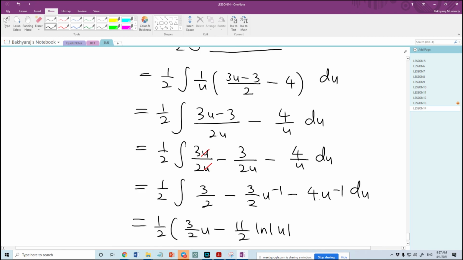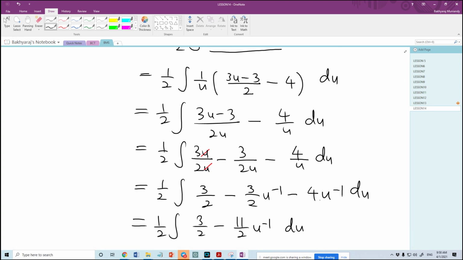Actually we can combine them first: negative 3 over 2 minus 4, you get negative 11 over 2 u power of negative 1, because they are the same. The constant and coefficient are the same, because negative 1, right?